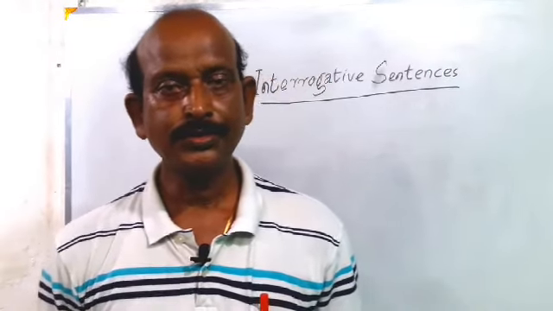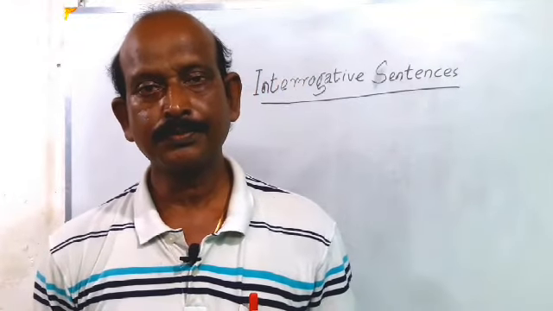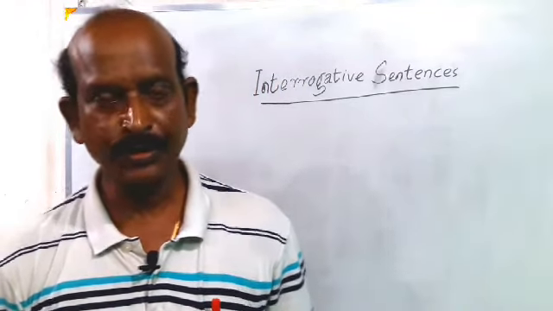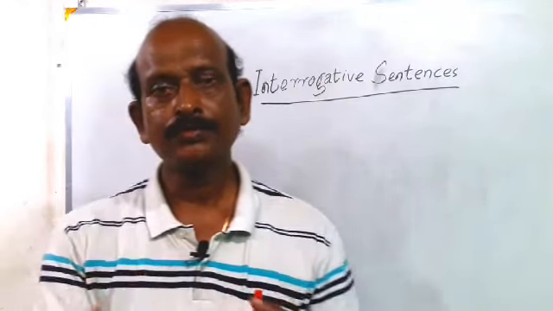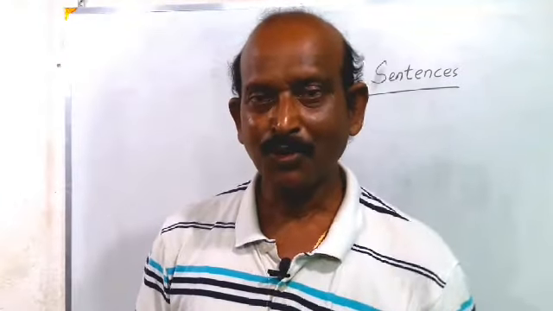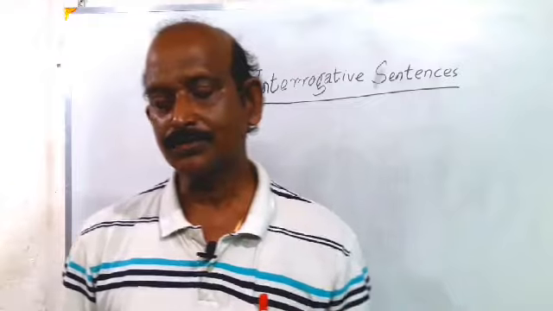Yesterday I taught you about the simple sentence, and simple sentences are subdivided into different categories, and one is the declarative sentence. I told you the pattern of the declarative sentence. I hope you remember this. There are 5 patterns of the declarative sentence.